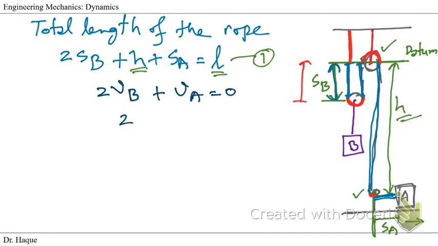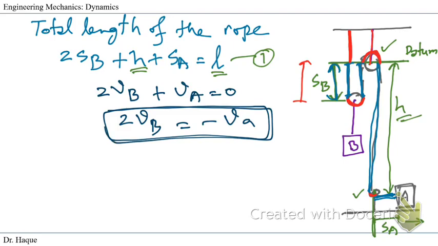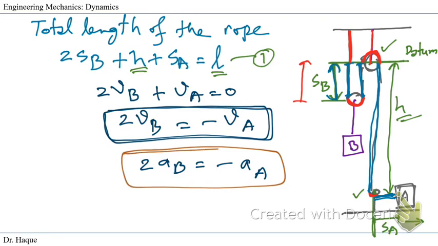That gives us twice VB equals negative VA. And we can also take a second derivative, and we'll get twice AB equals negative acceleration A. I need to change that to capital A. So we got one for velocity and one for acceleration, if we assume this point as datum.